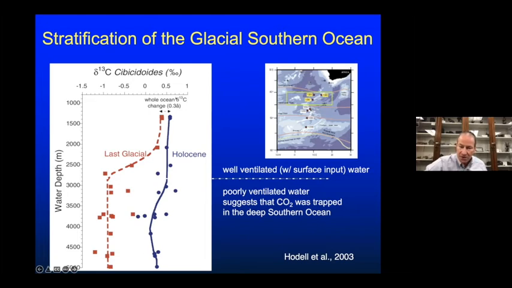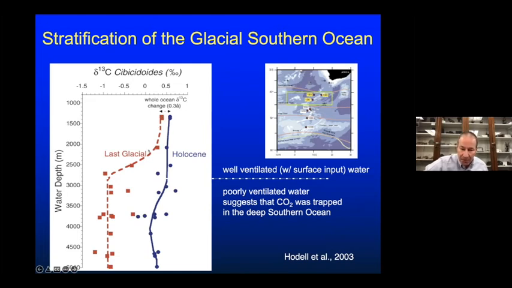There's not much difference. It's tenths of a per mil. But in the glacial ocean, if you go down in sediment cores back to the last glacial maximum, the near surface values are very similar. They are different by about the amount that the whole ocean changed. So this change from Holocene to last glacial maximum is probably due to the addition of carbon from the terrestrial biosphere.